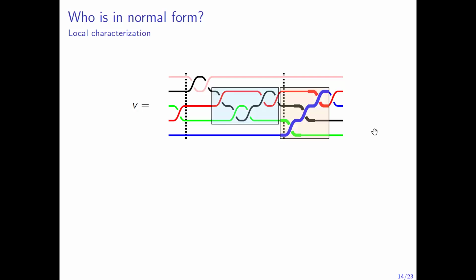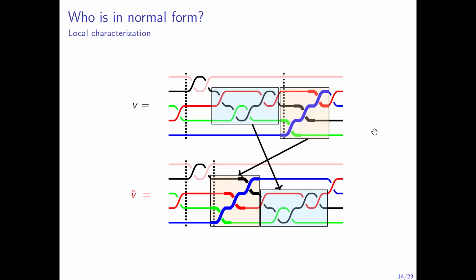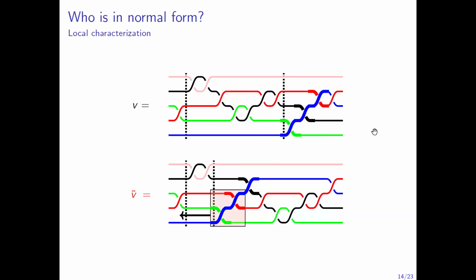In practice, those two blocks can be pretty much commuted. And this will cause a problem because now we can take the bottom of the stairs and put it at the left. We found another representative of V that has a bigger first block, which contradicts the fact that V was in alternating normal form.